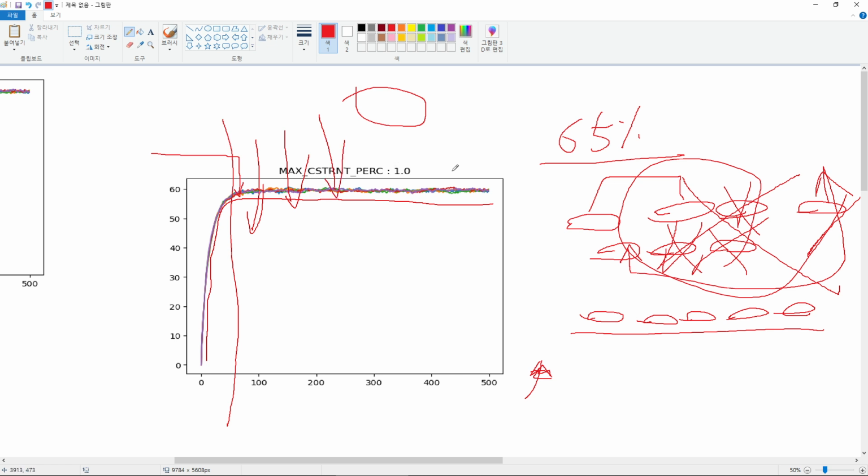So I would need to decide whether I need to find a way to ensure that jumps happen even when max constraint percentage is high, for example above 90 or above 85%.